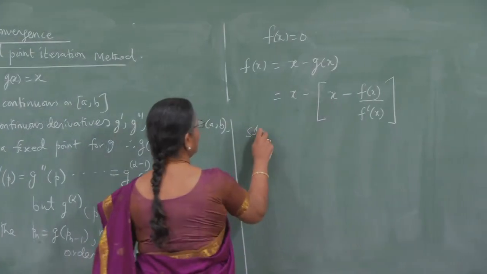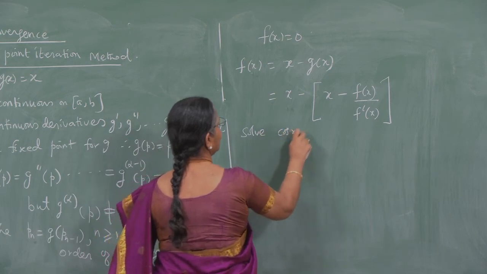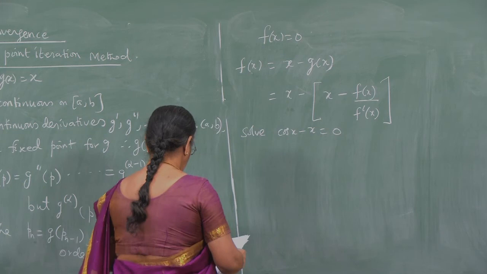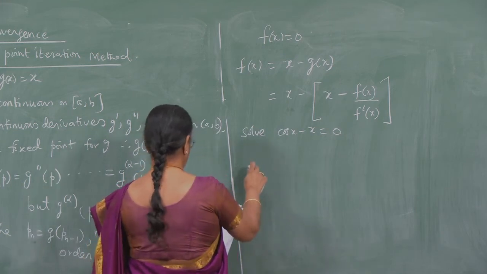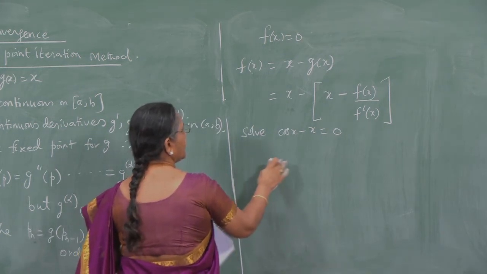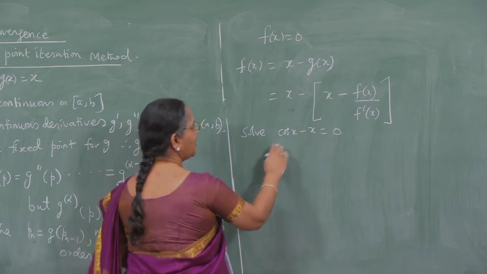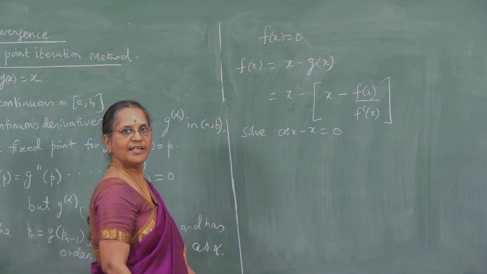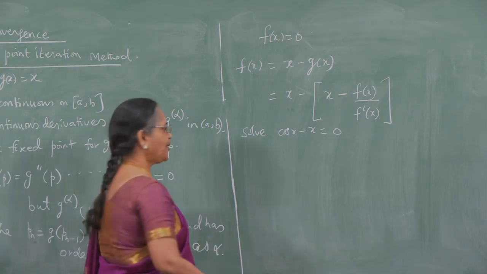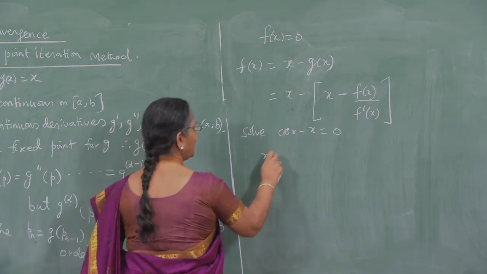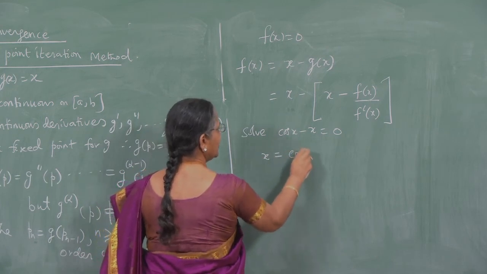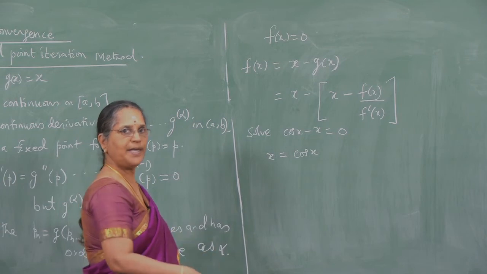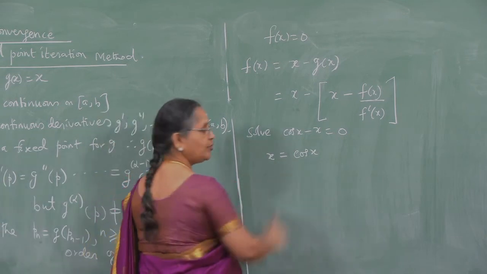So, let us solve the equation cos x minus x equal to 0. Solving this problem is equivalent to solving the corresponding fixed point problem, namely find that x for which x is equal to cos x, or find that p for which p equal to cos p.